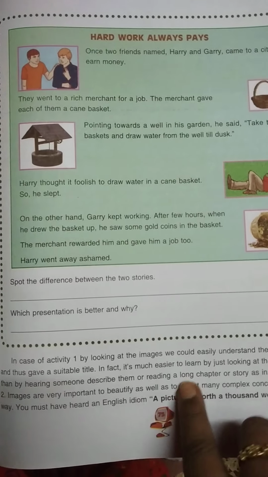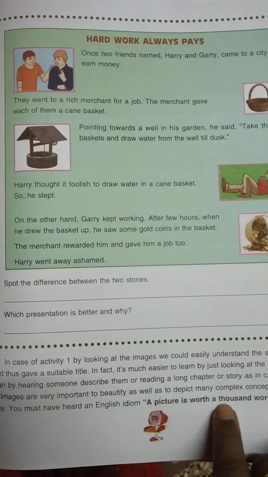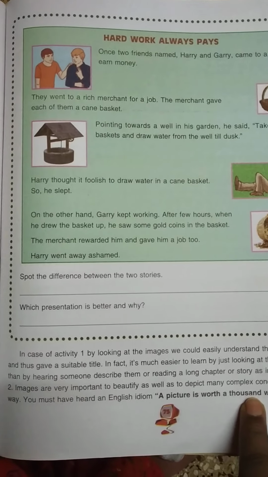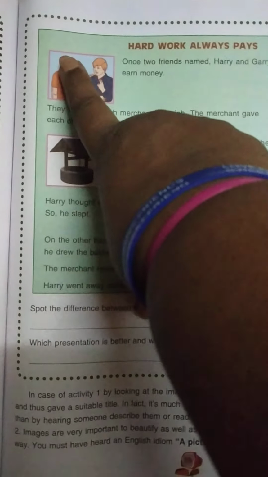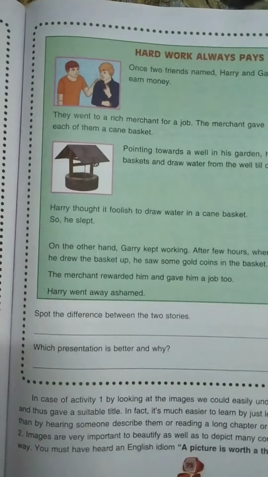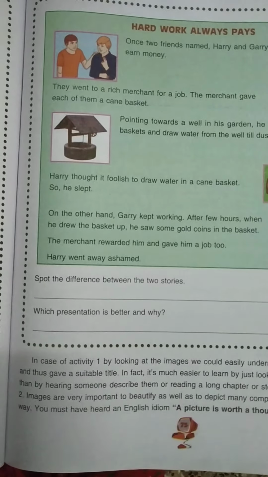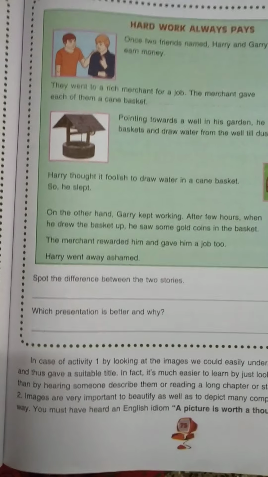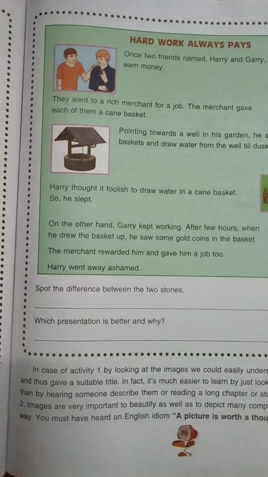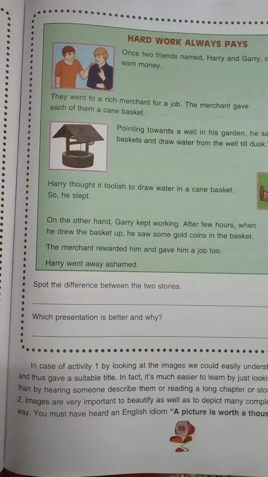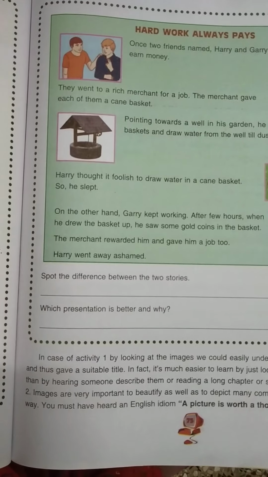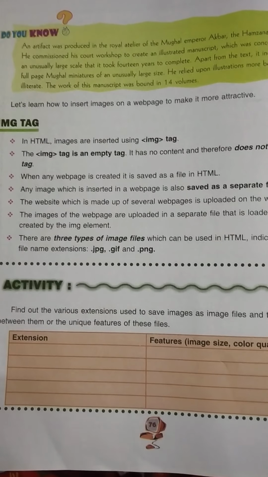So here, as you can see, a picture is worth 1,000 words. If I give you a single picture and tell you to talk about it, you can see that there are two friends, and one is his best friend. The friend is advising his friend about so and so. So you can create a story of your own.